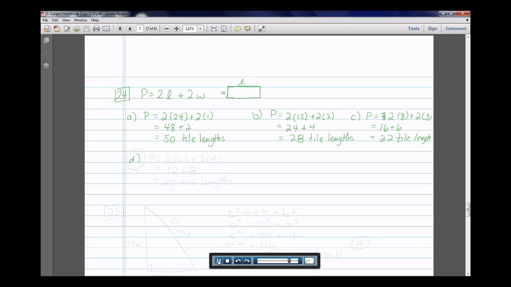And for D, your perimeter is going to be 2 times 6 plus 2 times 4, which is 12 plus 8, which is 20. So the correct answer is D.